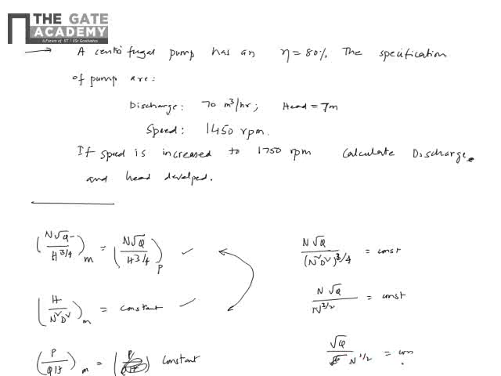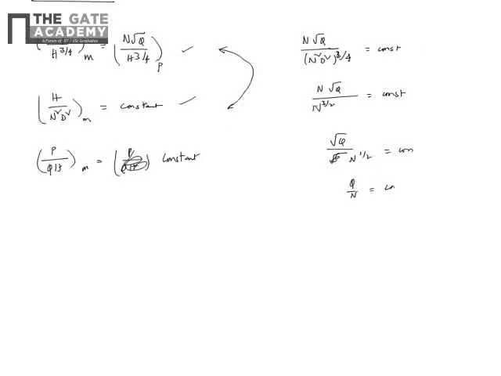So basically this gives that Q by N is constant if I square it. So N1 by Q1 is N2 by Q2. I want the discharge, so Q2 is Q1 N2 by N1. Q1 is 70, the initial discharge, the final speed is 1750, and this is 1450. So this comes out to be 84.48 meter cube per hour.